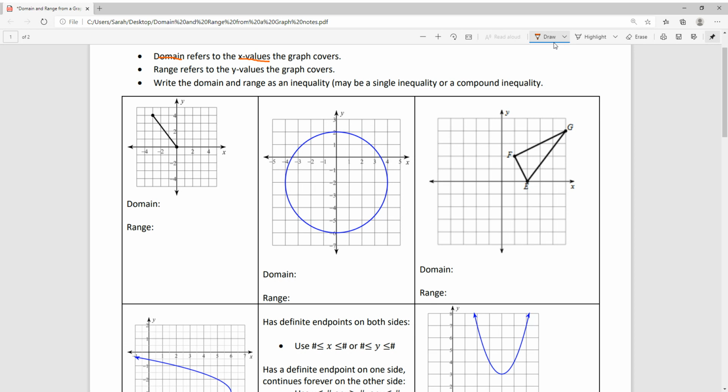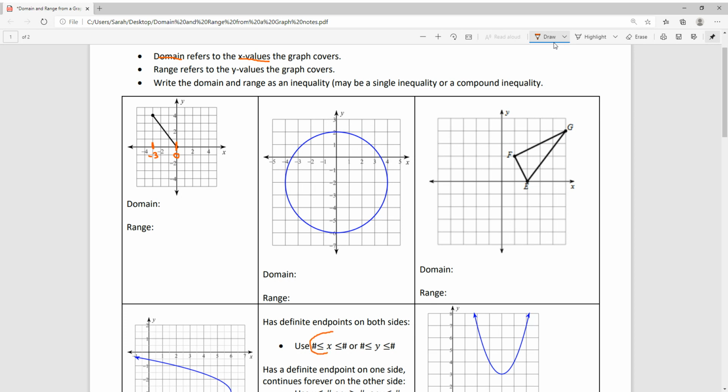So let's look at this first graph here with the line segment. The smallest x value my graph ever hits, which is right here, is at x equals -3. The largest x value my graph ever hits is right here, which is x equals 0. So the way that we write our domain here, since it's in between -3 and 0 only, is as a compound inequality.